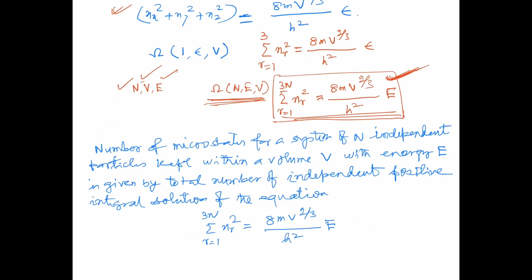The number of microstates for a system of n independent particles kept within a volume V with energy E is given by the total number of independent positive integral solutions of the equation sum over r from 1 to 3n of nr square equal to 8m V to the power 2 by 3 by h square multiplied by E.